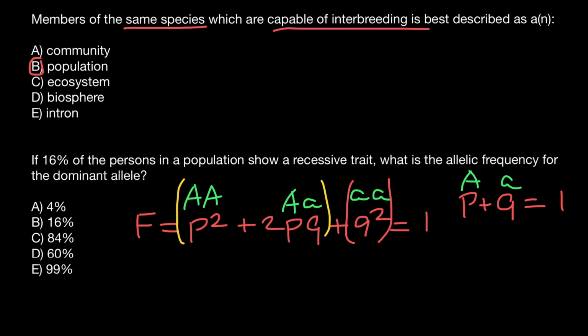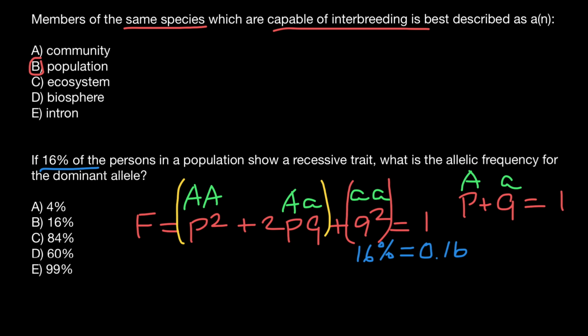And we are told that 16% of the persons in a population show the recessive trait. In other words, that tells us that 16% of the persons belong to this phenotype. 16%, in other words, we can say equals 0.16 if we do all our calculations on the scale between 0 and 1.